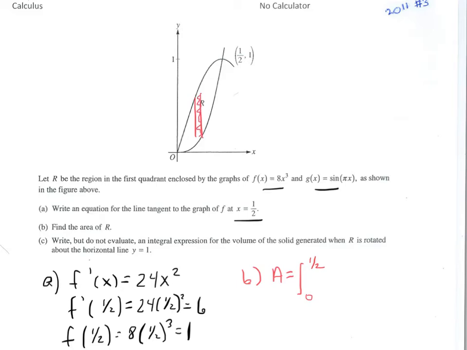The height of the rectangle will be the top function, the upper function, minus the lower one. So we've got to decide which is which. So it looks like f of x is our cubic function, and that g of x, that's our sine function there. So we want our sine function minus our cubic function.